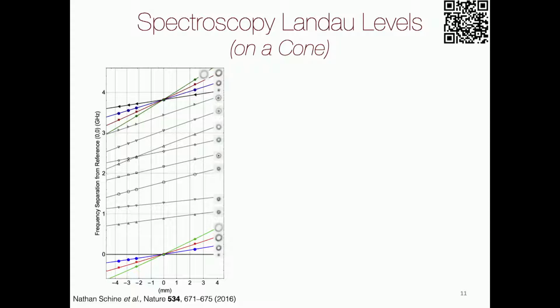So to make a long story short, we can tune to a point where the harmonic trapping exactly cancels that centrifugal force. We get these modes to be degenerate, and it turns out that when you make these Laguerre-Gauss modes degenerate, that's equivalent to a lowest Landau level, right?